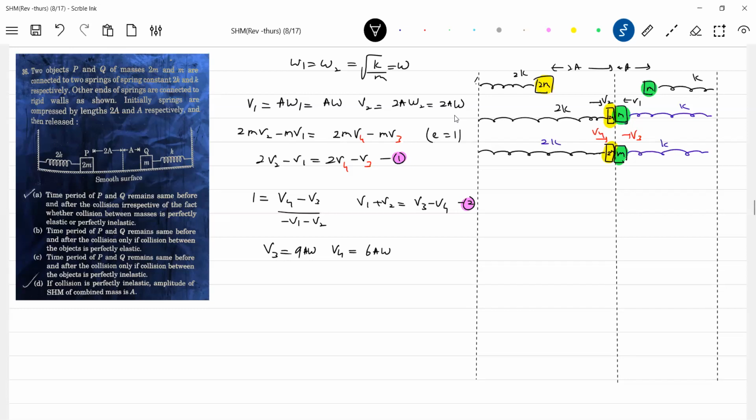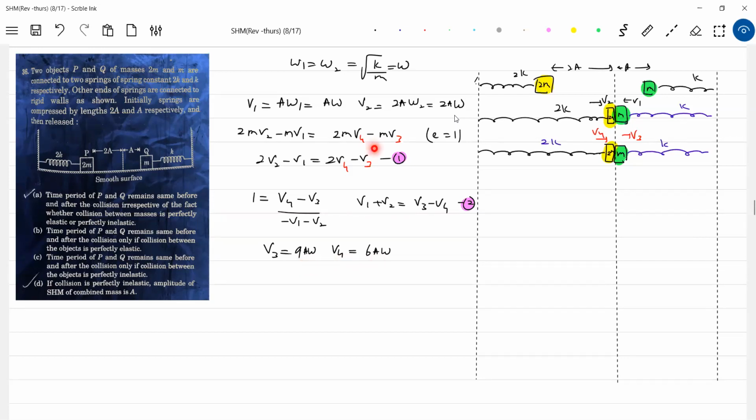So what we assumed, the directions are correct. So again, you look at this one. After collision, this will have more speed than this. So will they be in contact or will they lose contact? They lose contact. Is it correct? V3 9A omega, V4 6A omega.